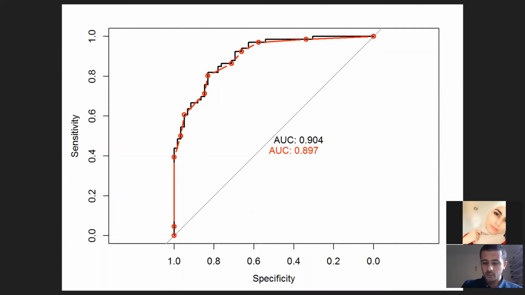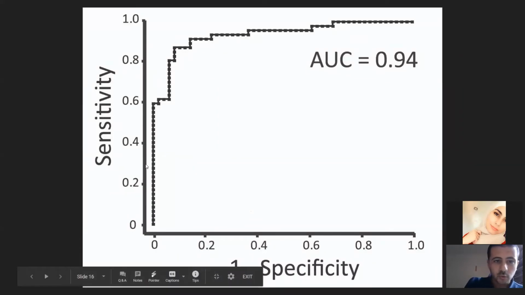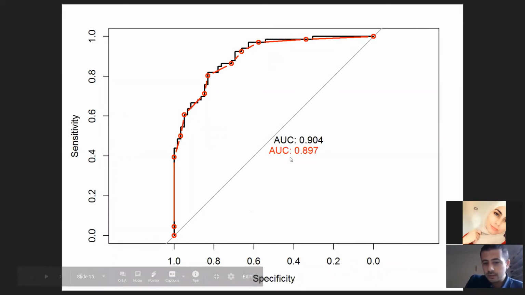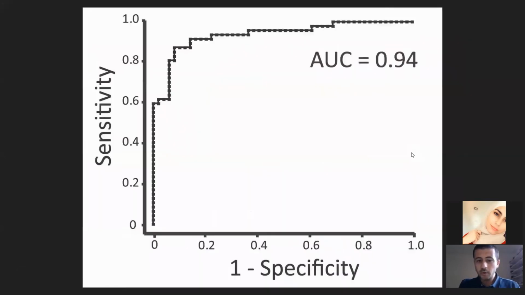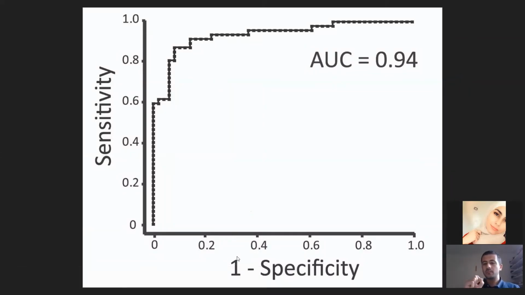Because the normal chart you need to see is that one. We need the line to look like this. But we have two ways, either taking the scale the other way around, or putting a number that is 1 minus specificity. And what is the number 1 minus specificity?